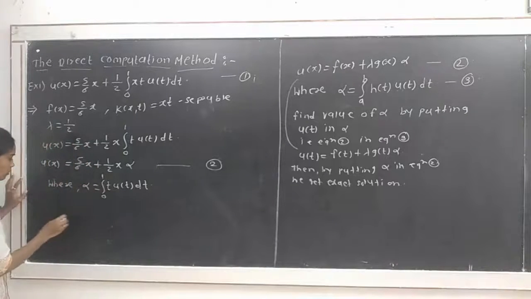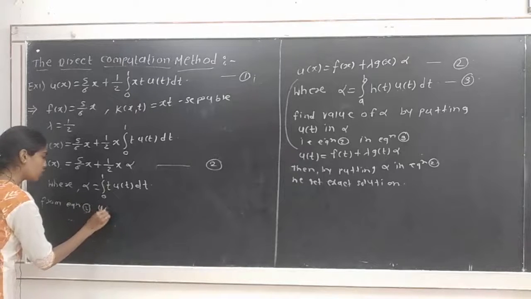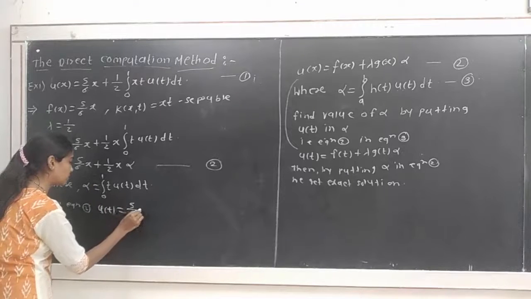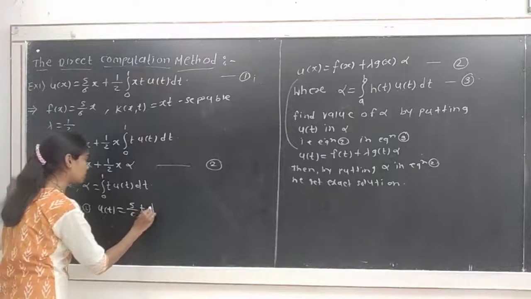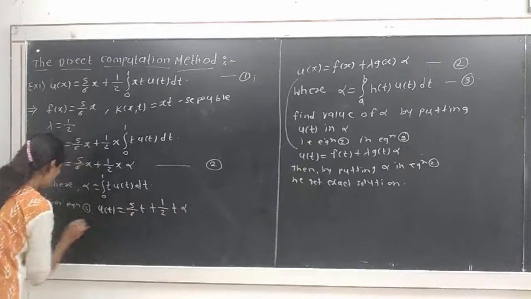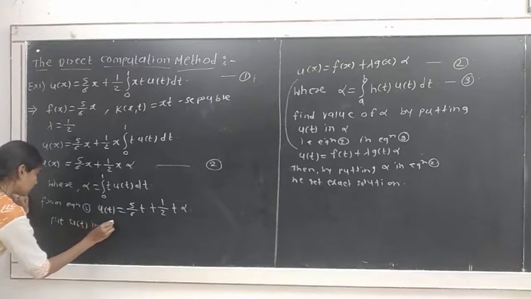Okay, so for that, from equation number 2 we get u of x in terms of t: u of t is equal to 5 divided by 6 into t plus 1 divided by 2 into t alpha. Then put u of t in alpha.